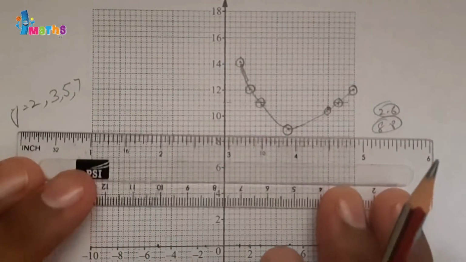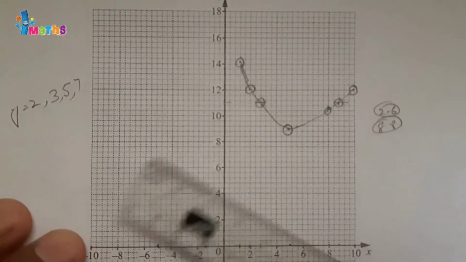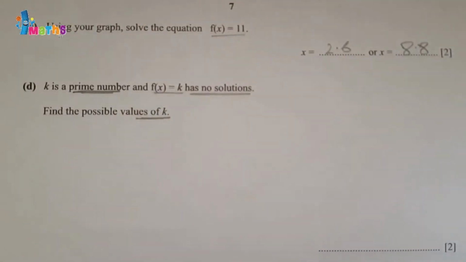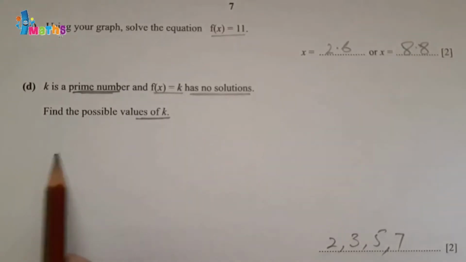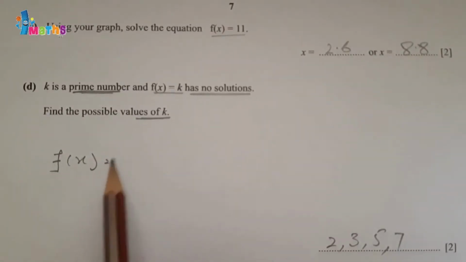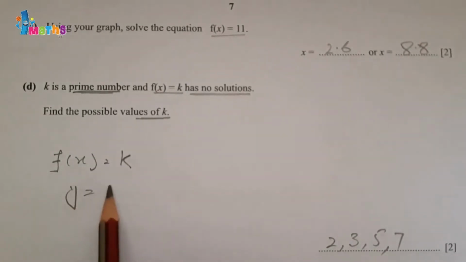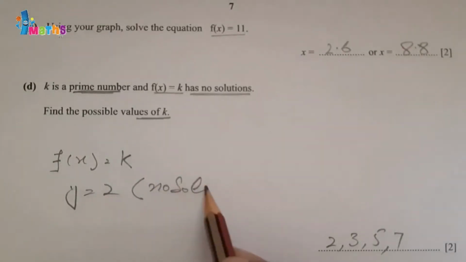Next prime number is 11, which is intersecting the graph, so we cannot take the value 11. So our answer will be 2, 3, 5 and 7. And if you want to show the working, you can show f of x is equal to k, and you can take the values y is equal to 2, and show no solutions.